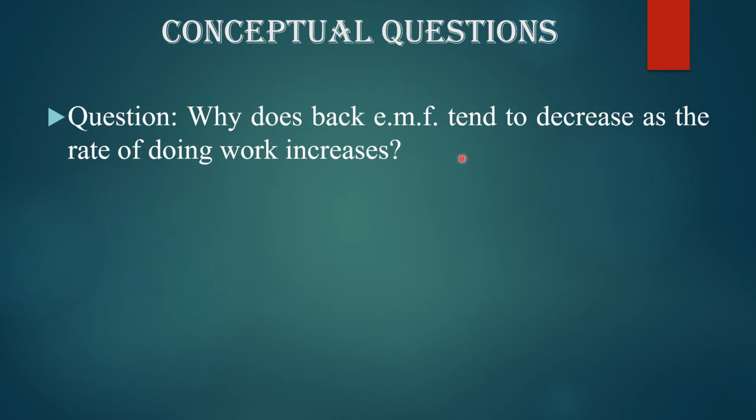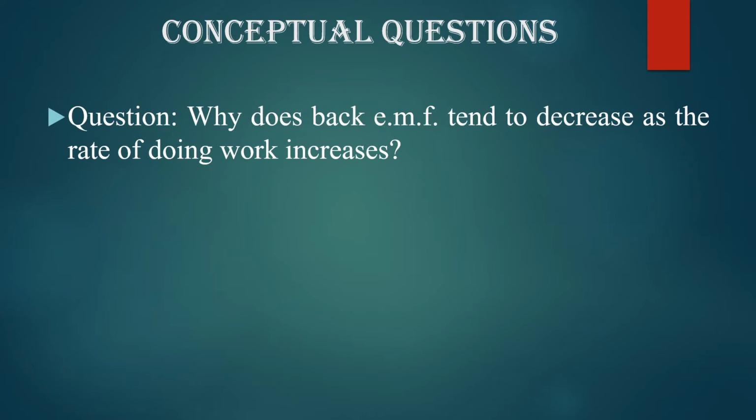Question: Why does back EMF tend to decrease as the rate of doing work increases? When we connect the motor with an external load, for example a fan or lamp or any device, the rate of doing work increases. Due to that, the speed of rotation of the coil decreases, and there will be a decrease in the change in magnetic flux.